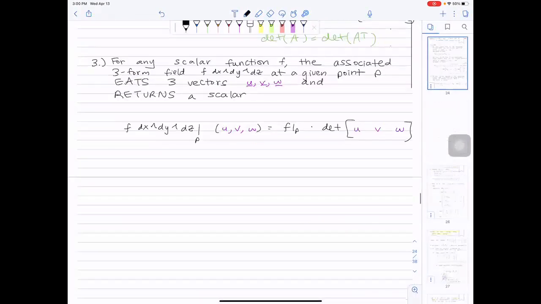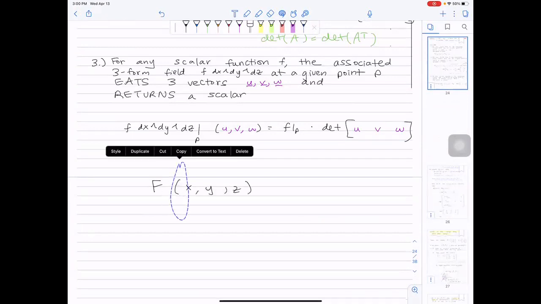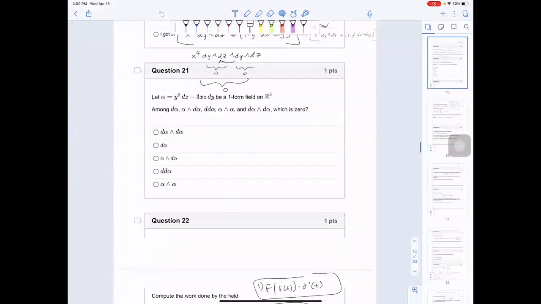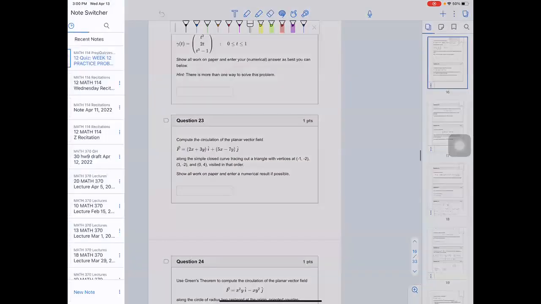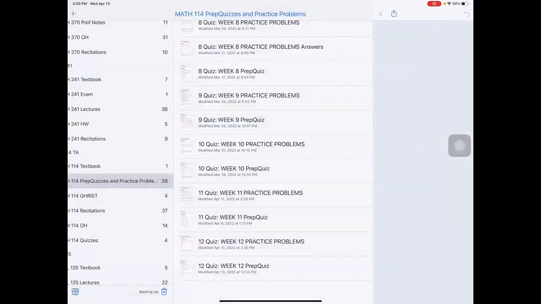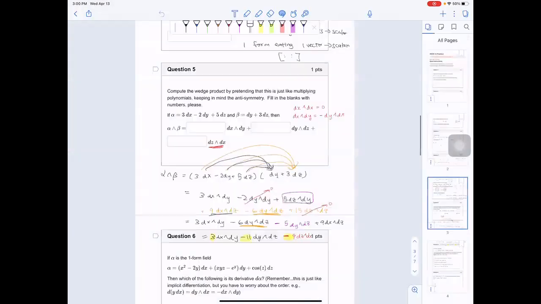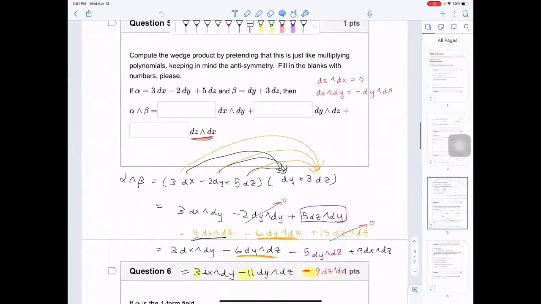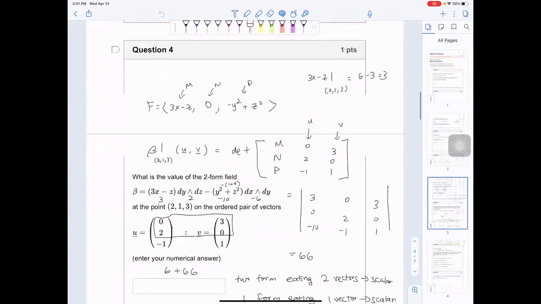So if you had a flux 2 form, wait, there was a prep quiz question. Number 4.